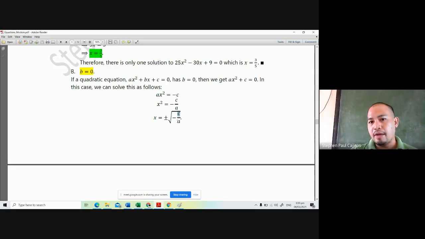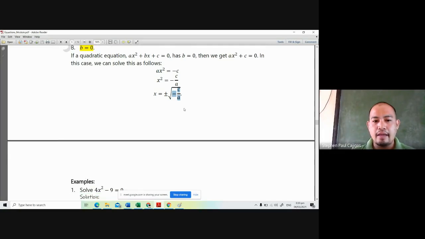But if c is positive and a is positive, positive over positive is positive, times negative, so it becomes negative inside, and so it is imaginary. The same is true if both are negative: negative c over negative a is positive, times negative, so it is imaginary, because we cannot take the square root of a negative number.